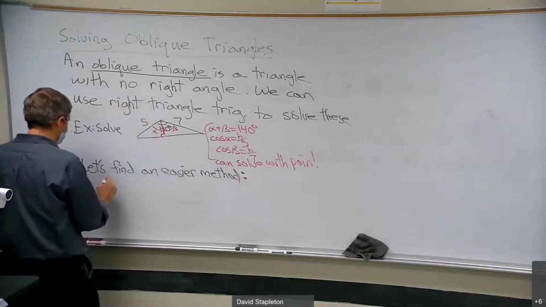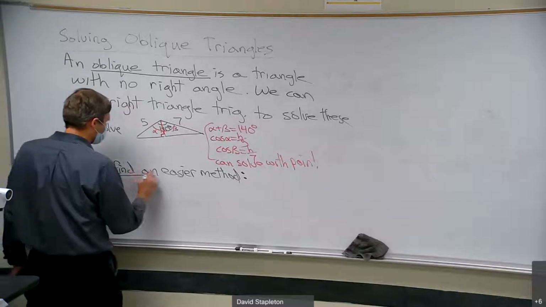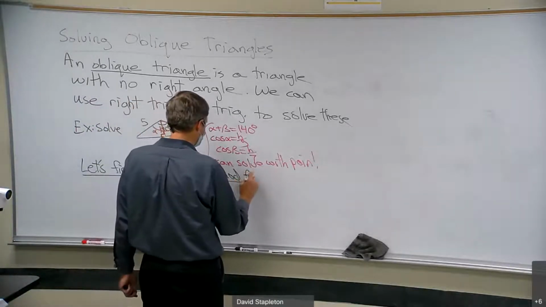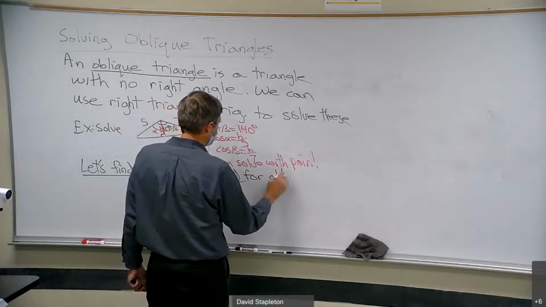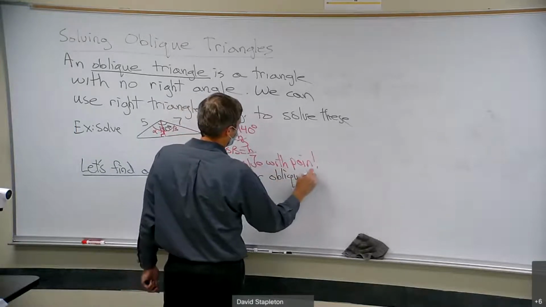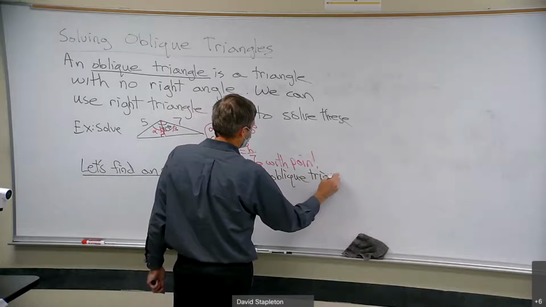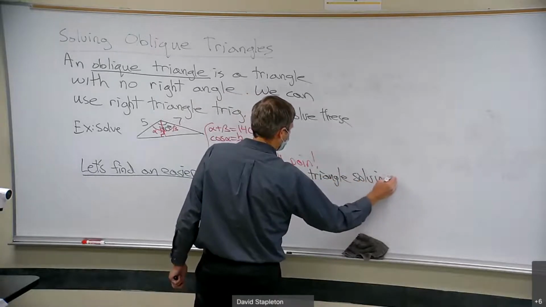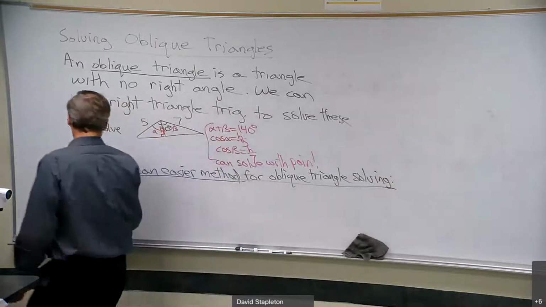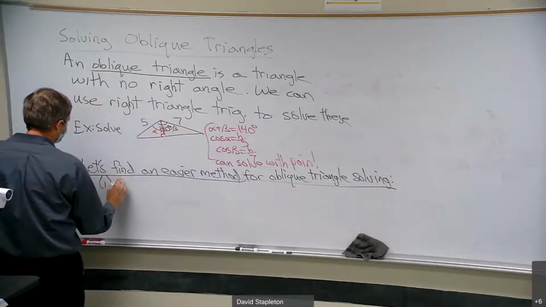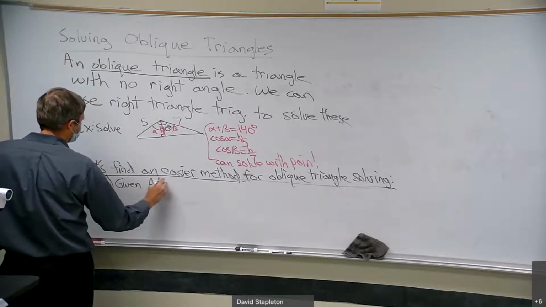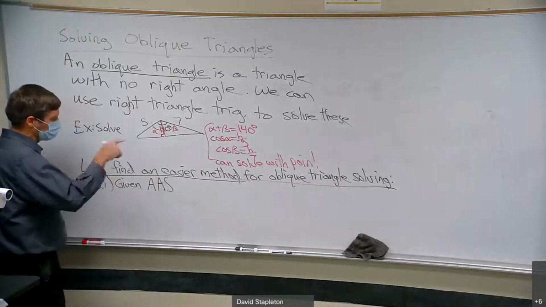And the idea in this method to solve oblique triangles is to do this. One, if you're given either angle followed by side, rotating in order around the triangle.